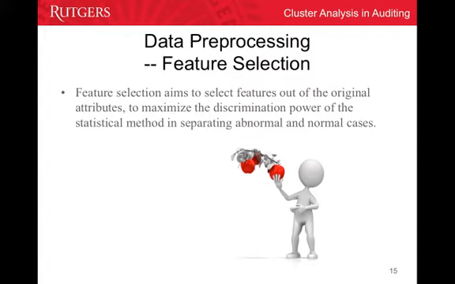Well, there are many techniques that we could use to choose the features. Like we could ask the domain expert, who could give us some suggestions, or we could use some other statistical method to do the feature selection.